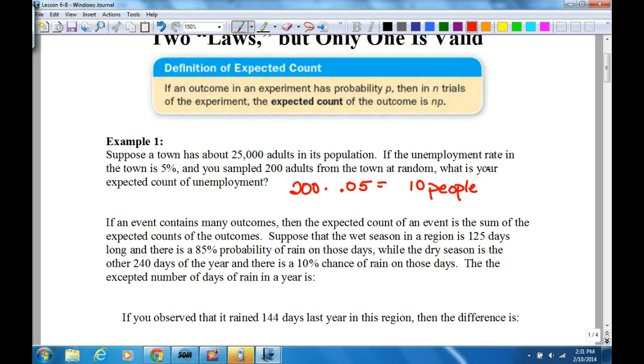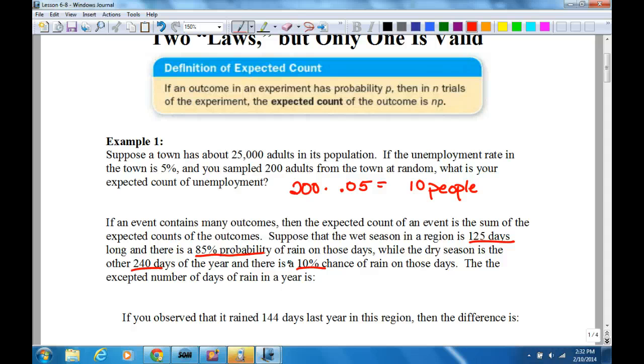Okay? If an event contains many outcomes, then the expected count of an event is the sum of expected counts of outcomes. Suppose that the wet season in a region is 125 days long and there's 85% probability, and the dry season is 240 days and there's 10% chance. What is the expected number of days of rain in the year?